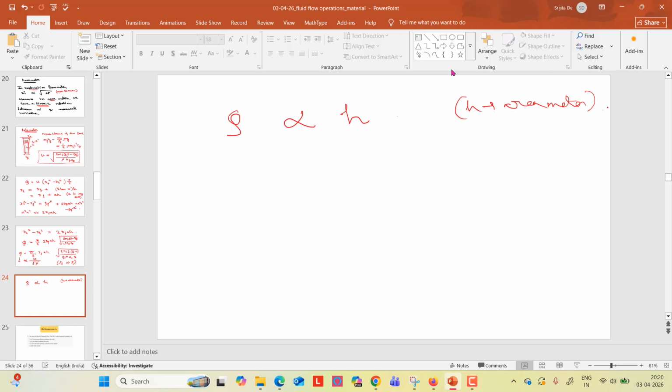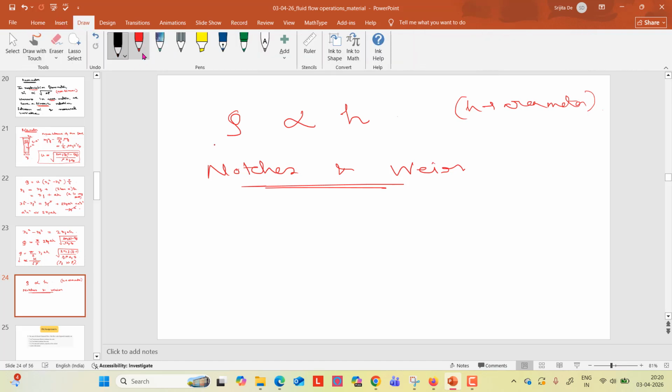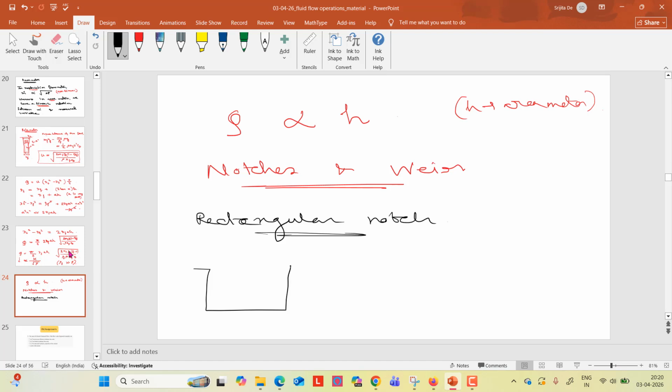Next comes the notches and weirs. So first we'll draw the rectangular notch. It is a kind of open flow channel. You can imagine it as a drain, right? Mostly drains are in the shape of a rectangular open channel.